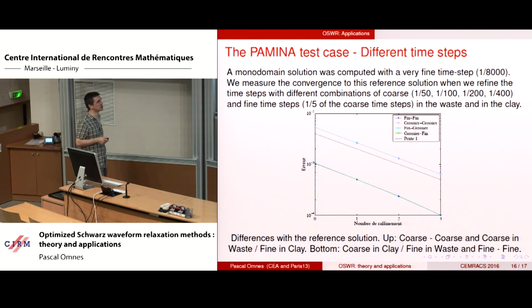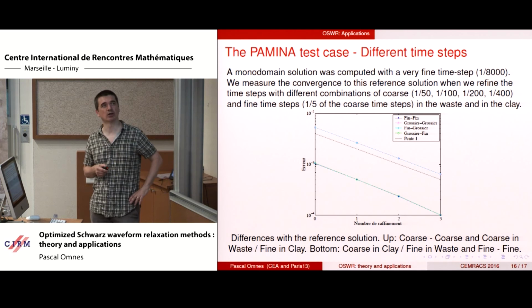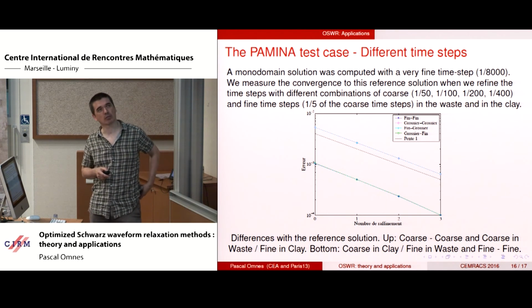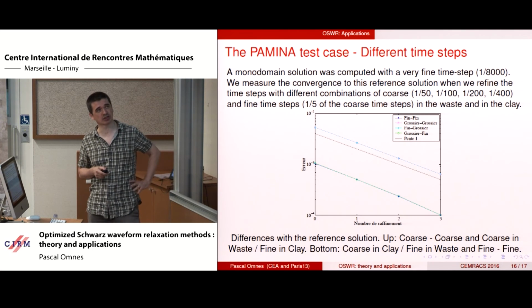This means that you do not lose any accuracy by using coarser time steps where you don't need fine ones. This is really an illustration of the fact that being able to use two different time steps in different subregions is very useful, because your time to solution is divided by 5, simply because you used larger time steps where you need larger time steps.